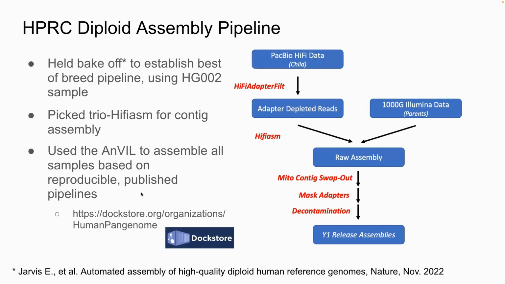And as part of the effort, partly because a bunch of us are involved in the AnVIL project, we tried to make all of the pipelines that I will talk about today, including this assembly pipeline, available for button-click reuse on AnVIL. You can look up these pipelines on Dockstore, and they're relatively simple to run. So anybody can reproduce our assemblies if they have the input materials that they need.